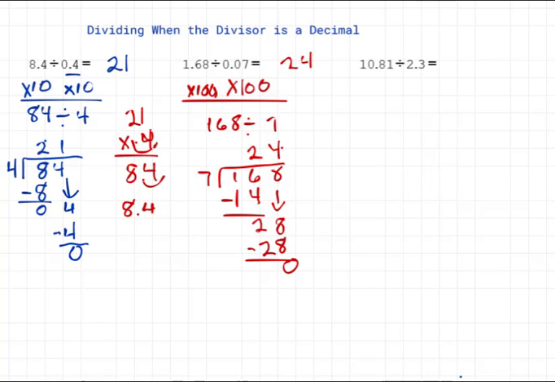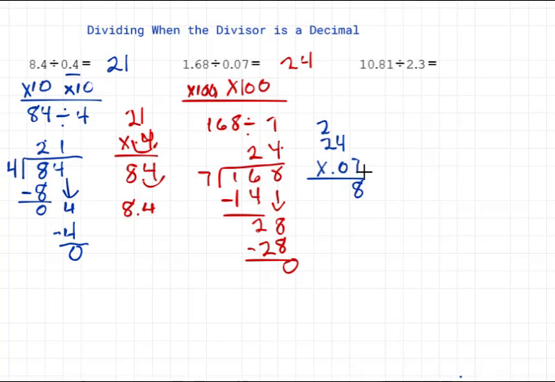Once again, we'll check it by multiplying the quotient of 24 times 7 hundredths. I am including this 0 after the decimal because that makes it 7 hundredths. And I'm not including the 0 in front, because that just tells me I have no ones. 7 times 4 is 28.